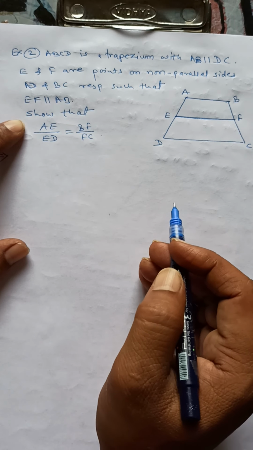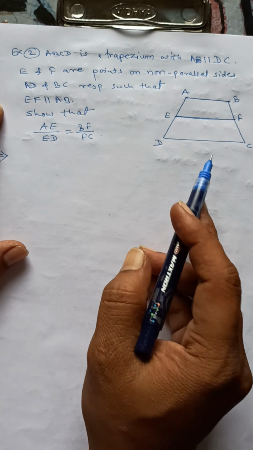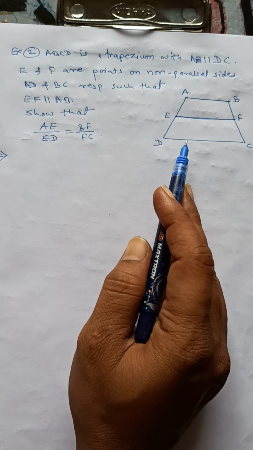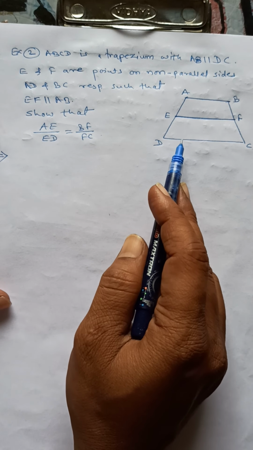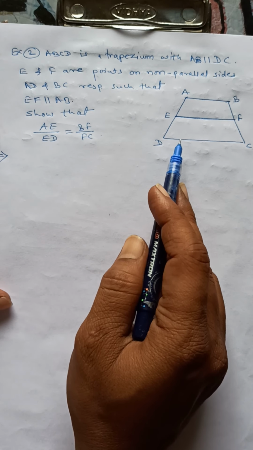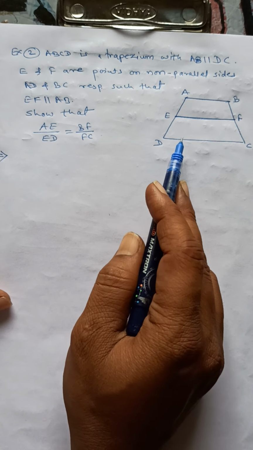So for proving this, I have to take triangles. Here it is a trapezium. By the Thales theorem or the BPT theorem, if in a triangle one line is parallel to one side, then it divides the other two sides in the same ratio. But that happens in a triangle. So I'll convert this trapezium into two triangles.